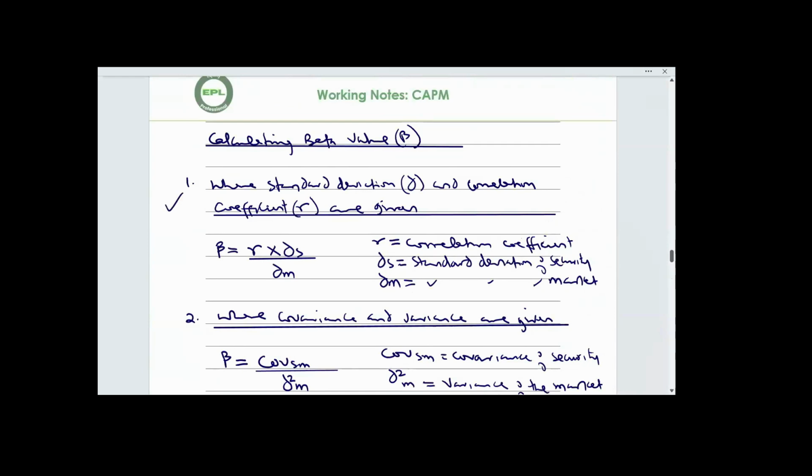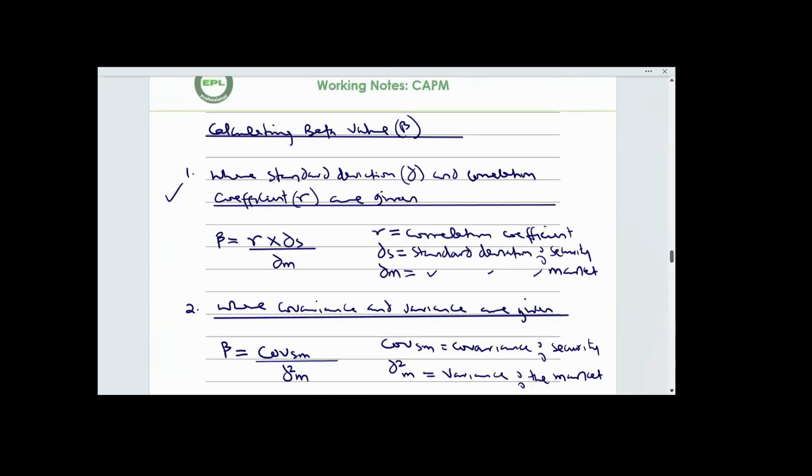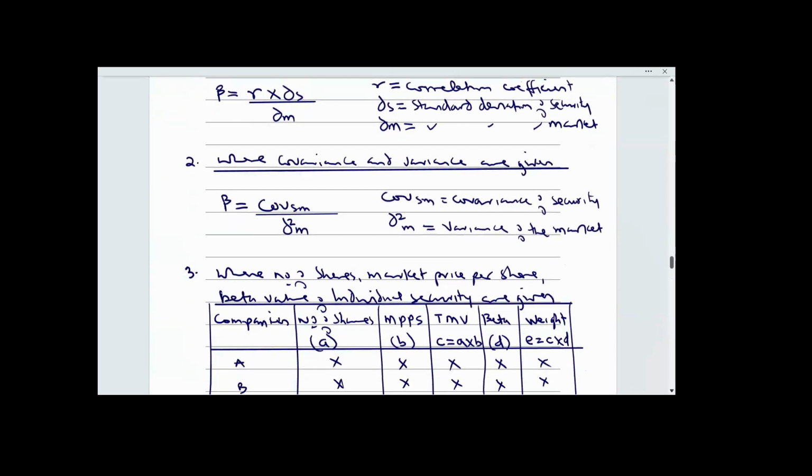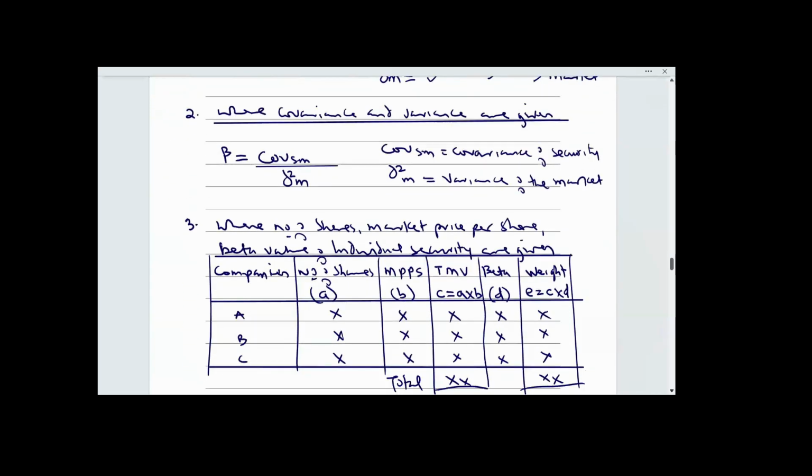And I said that this first formula is the most frequently tested kind of question. So once you see in the question that you have standard deviation and correlation coefficient, that's the formula you are going to use to calculate your beta value. If in the question you are given covariance and variance of the security and that of the market, then you use the second formula.